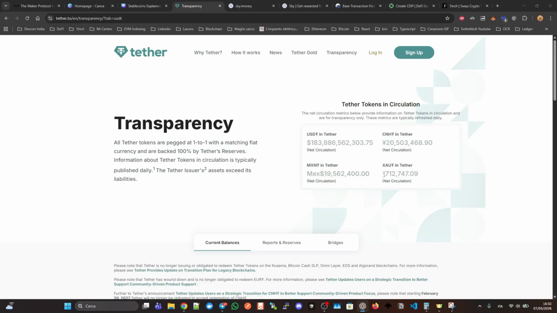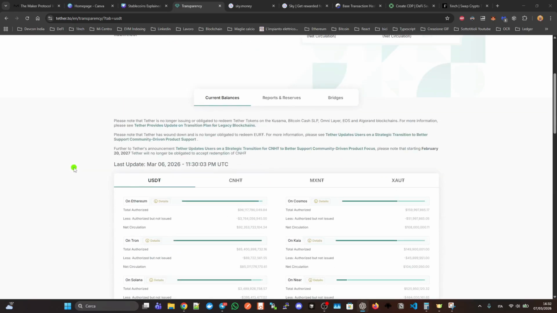And here, the last token that they have created is XAUT, which is a gold-backed stablecoin. As you can see here, it states all Tether tokens are pegged at 1-to-1 with a matching fiat currency and are backed 100% by Tether's reserves.